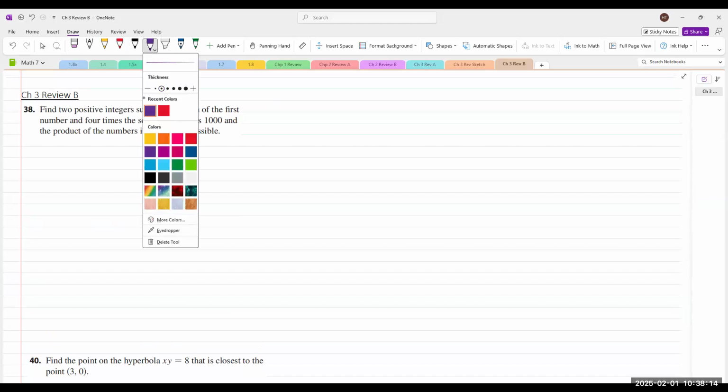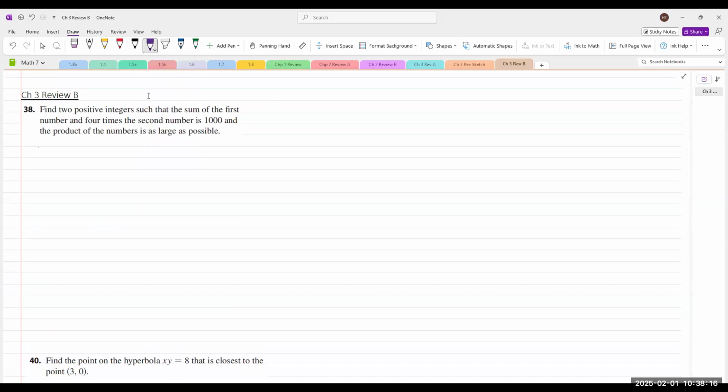Number 38. Find two positive integers such that the sum of the first and four times the second number is 1000. You know what? Let me define first. Let x be the first number and y second.